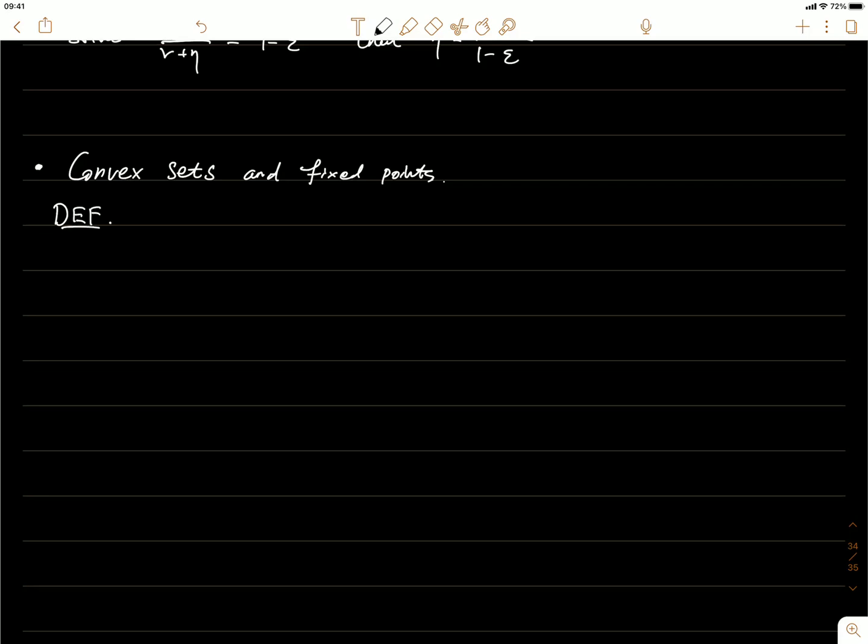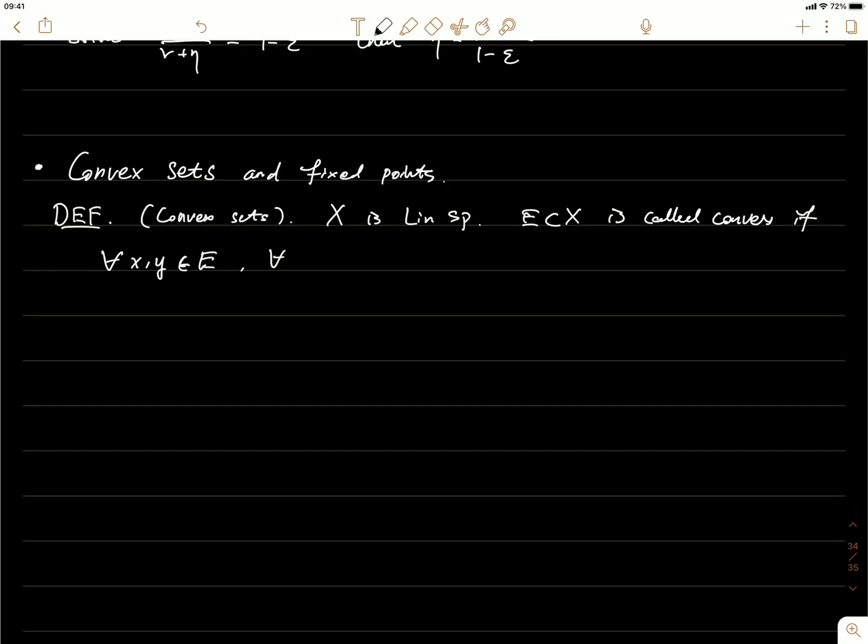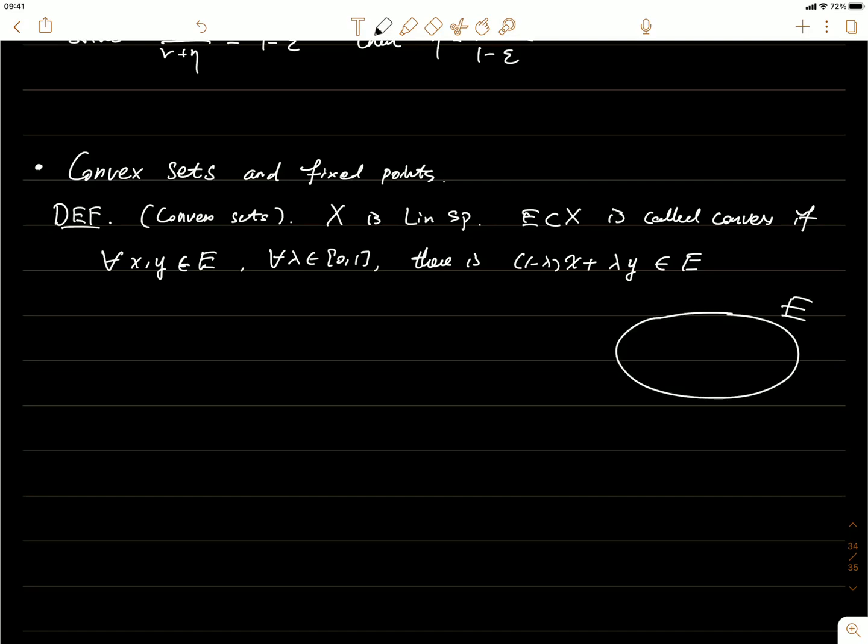So, the definition of a convex set. I think many of you are probably pretty familiar with this: if X is a linear space and E is a subset of X, E is called convex if for any two points x and y from E and any lambda between 0 and 1, (1 minus lambda) times x plus lambda times y is in E. Basically what this means is you have this as your E, and for any two points x and y, you make a line segment.